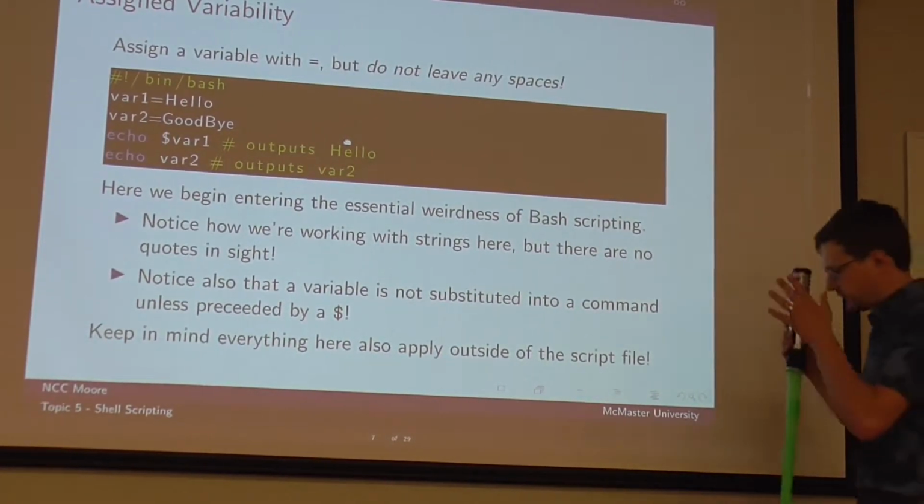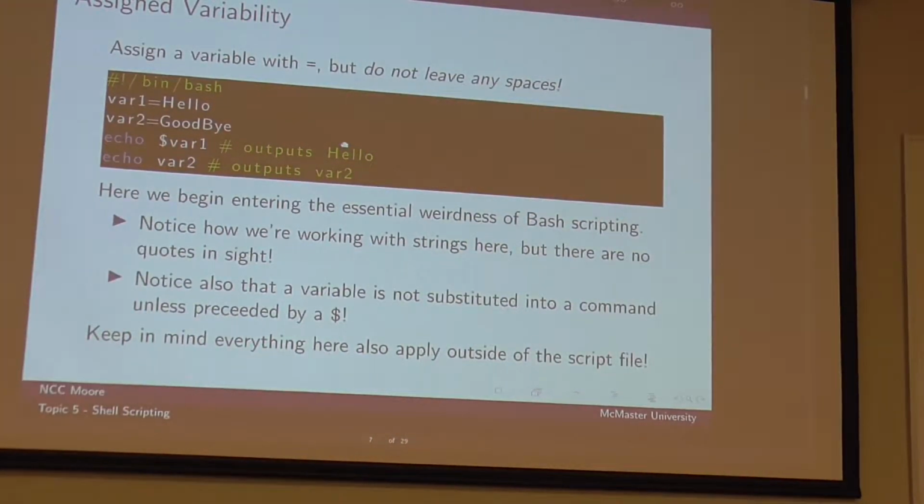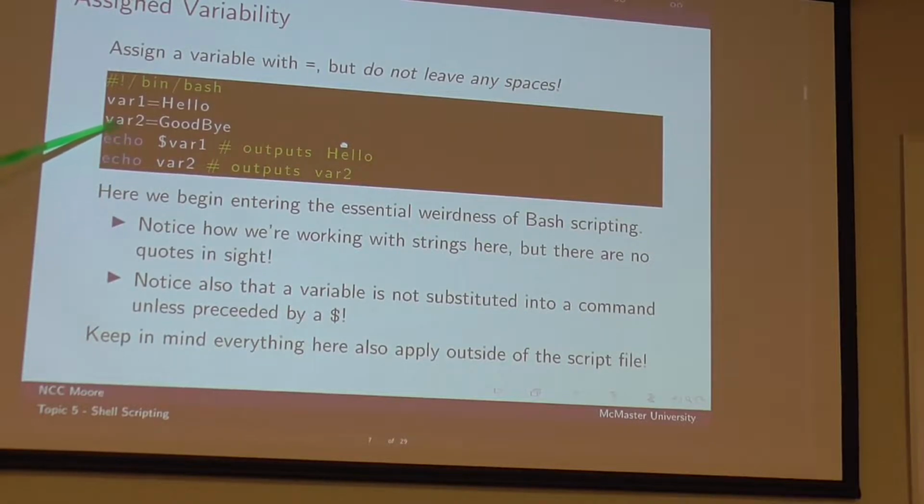So bash scripting is really just a way of collecting up a bunch of bash commands, putting them in a file, and being able to execute the commands in that file in sequence.